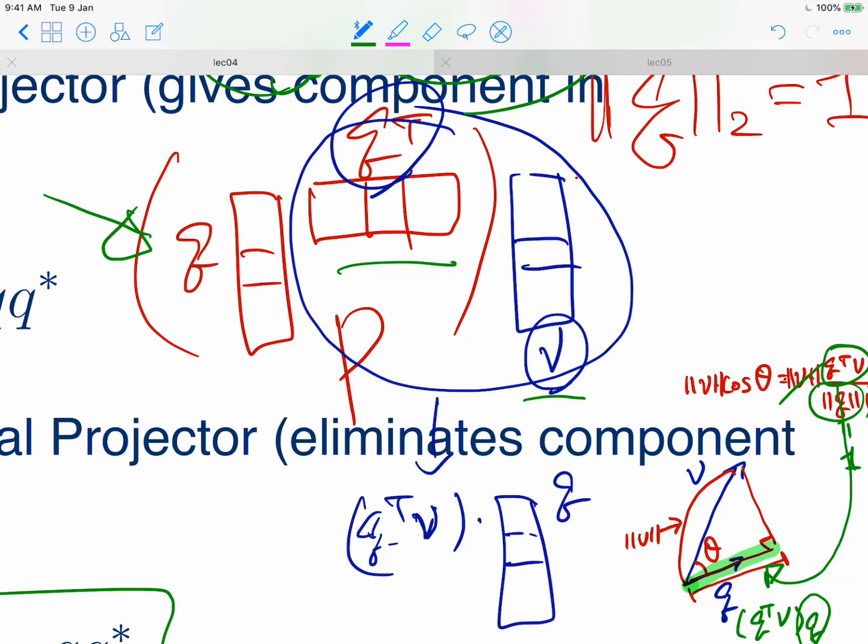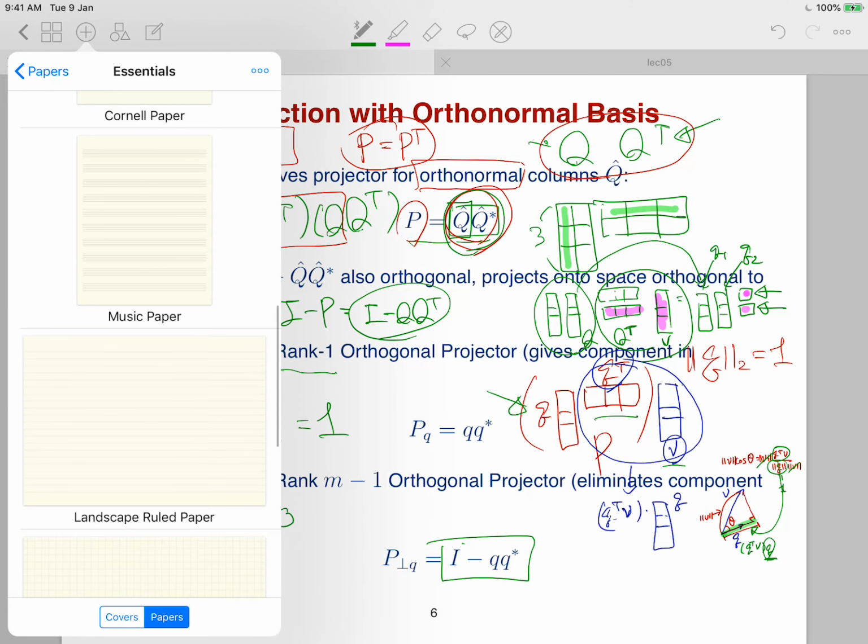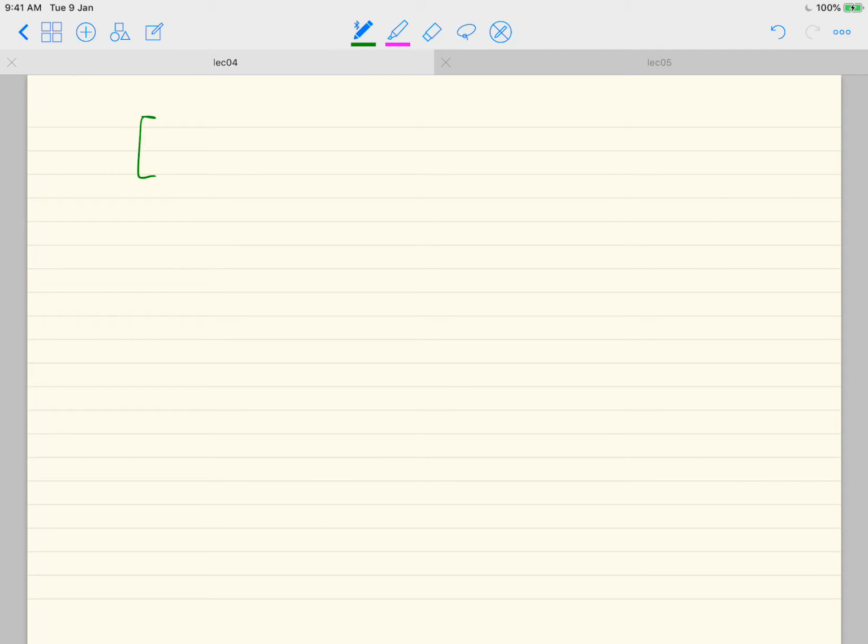But suppose that vector S1 is 1 over square root 6, 1 over square root 6, and so on, given this vector, okay? So this is one unit vector, right?